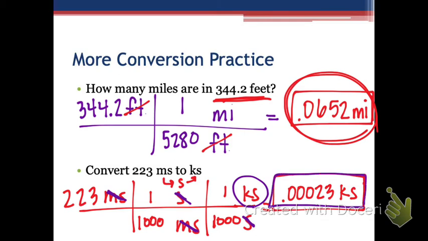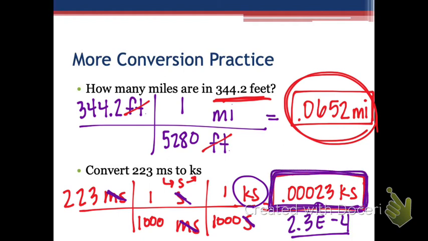Some of you might have seen 2.3 e to the negative 4 in your calculator. That means 2.3 times 10 to the negative 4th. That's the same number. Did anybody have that in their calculator? We'll work with scientific notation in a little bit, but this is what I should have ended up with here.